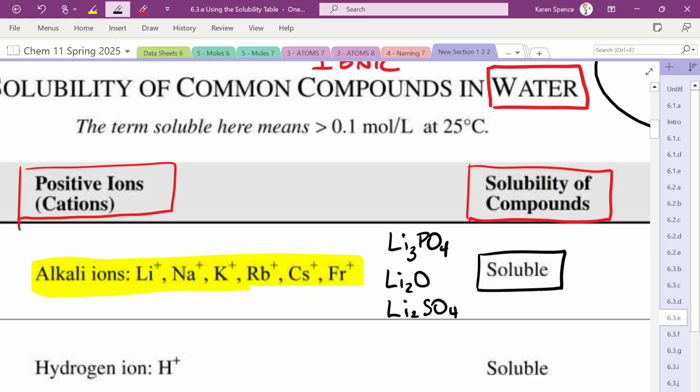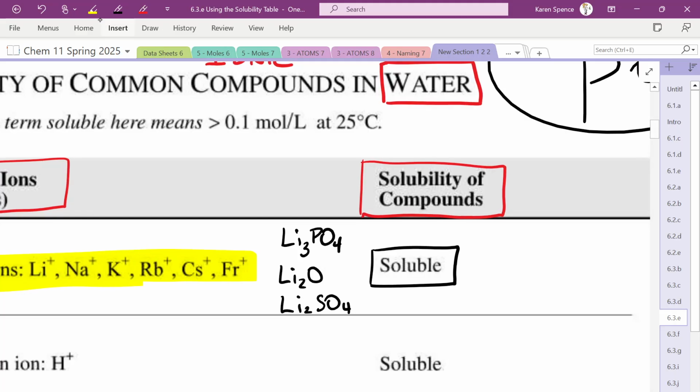Now, what does it mean to be soluble? Soluble means it will dissolve.